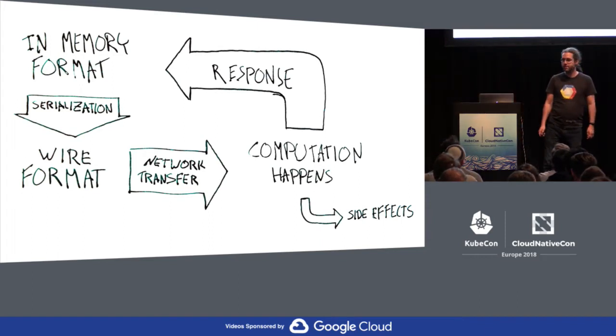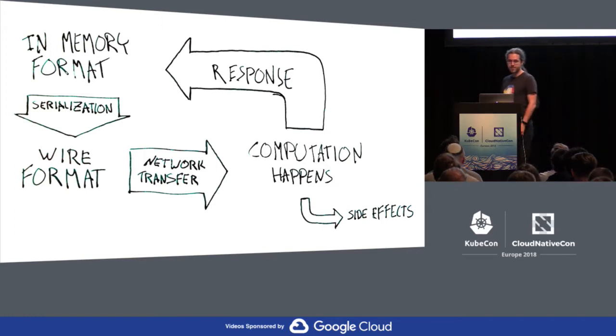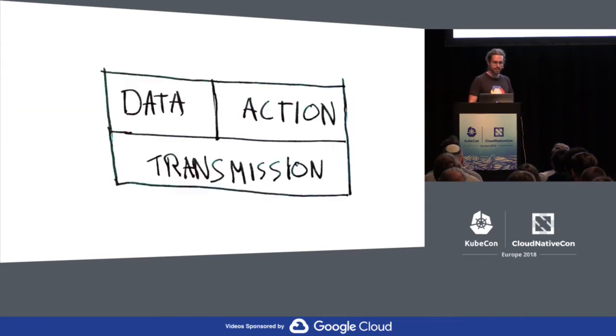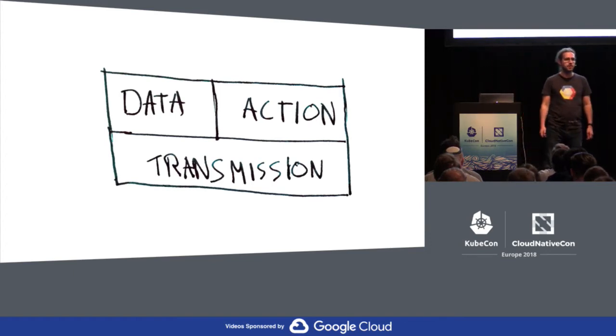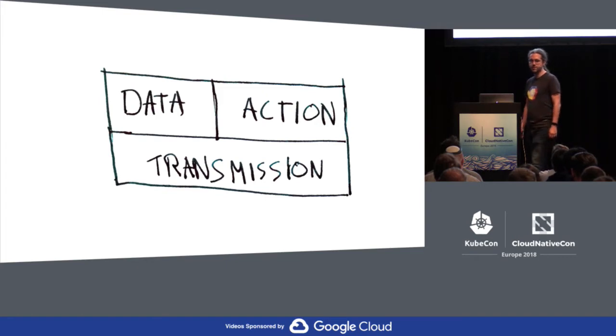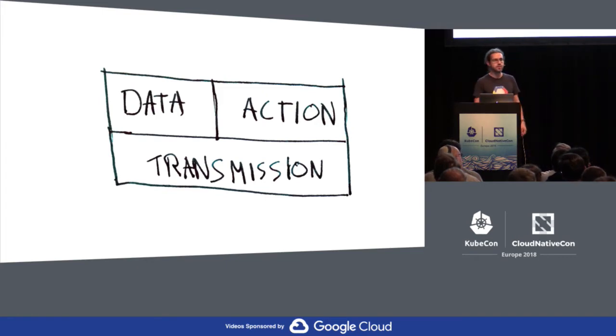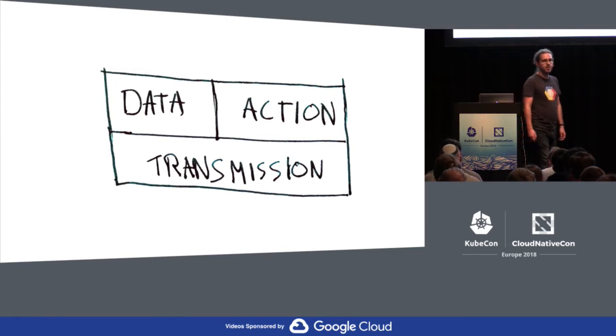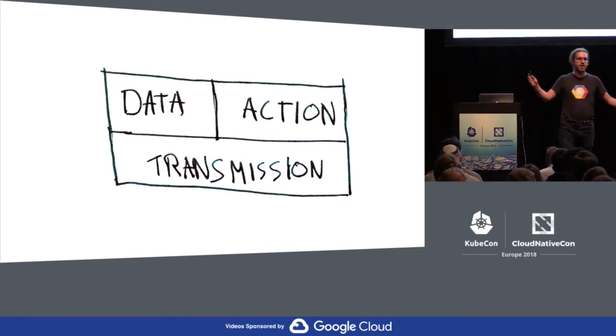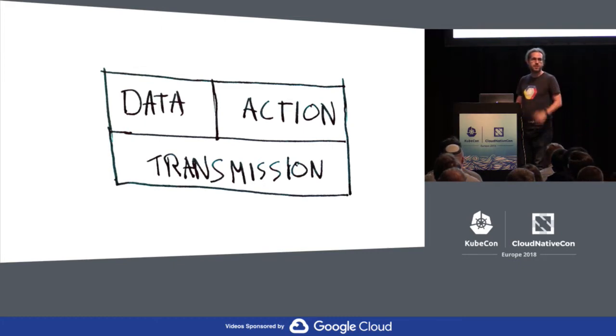Hopefully there's no side effects, or maybe you want the side effects, and then it sends back a response. So you can summarize this as an API call has some amount of data, some action, and there's some transmission layer. And I've drawn the data and the action in the same layer here because they're actually fungible, right? You can have one API request with a bajillion options, or a ton of different API requests with no options at all.